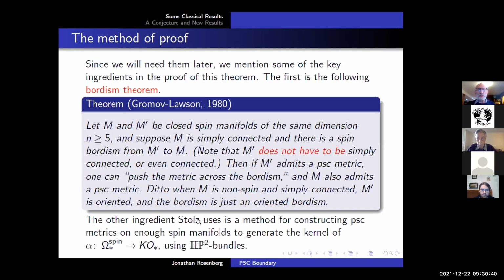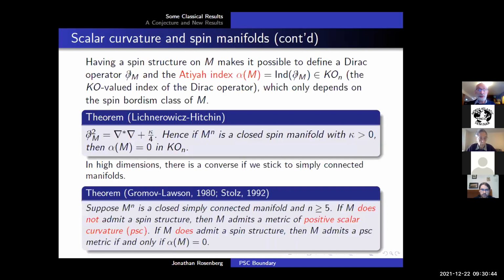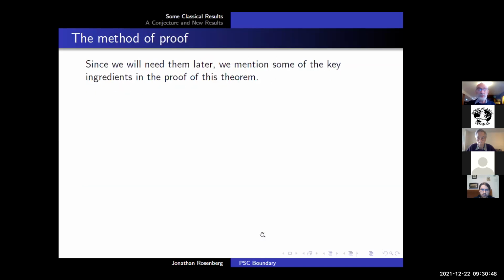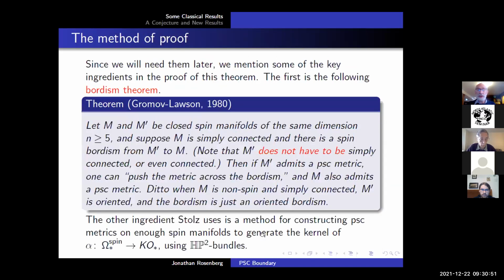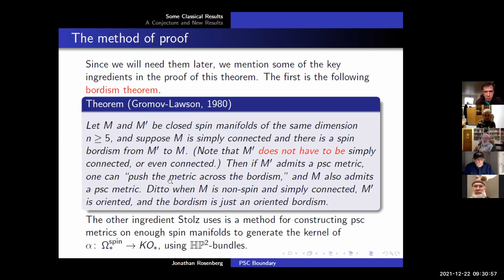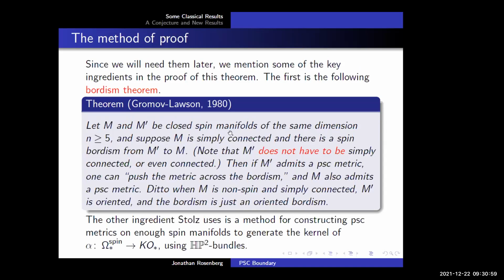Now there's another ingredient that Stolz used for his part of the theorem, which was the fact that if alpha is equal to 0, then M does admit a metric of positive scalar curvature. And he wanted to do something which together with the bordism theorem would be enough to prove the theorem.